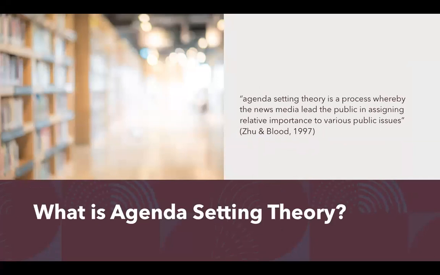Let's read what they say. They say that agenda setting theory is a process whereby the news media lead the public in assigning relative importance to various public issues. Now, let me explain what it is.